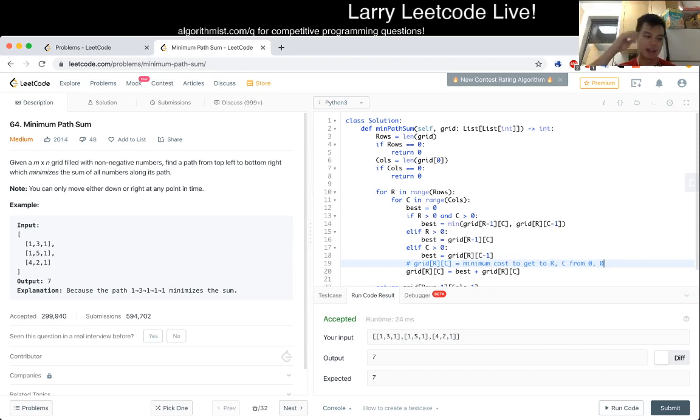So you could kind of think about this recursively, and then you'll be like, okay, well, the best way to answer this question is that the grid of R comma C is the cost to get from R minus 1 walking down, or C minus 1 walking right, or something like that.